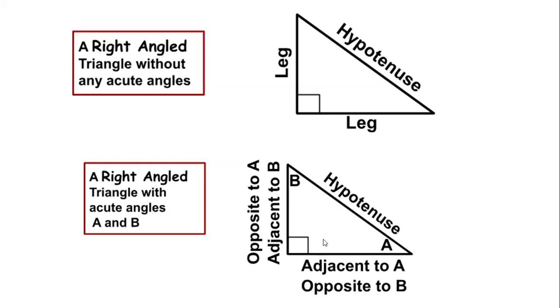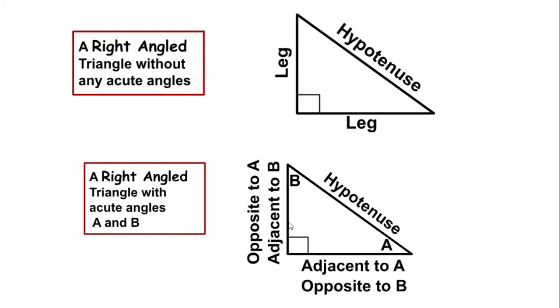Now, let's start with the vertical side here. However, if you twist the right angle triangle, it will not be vertical, but just for reference, let's start with this side. This vertical side, as you can see, is opposite to the angle A. Also, it is adjacent to the angle B.